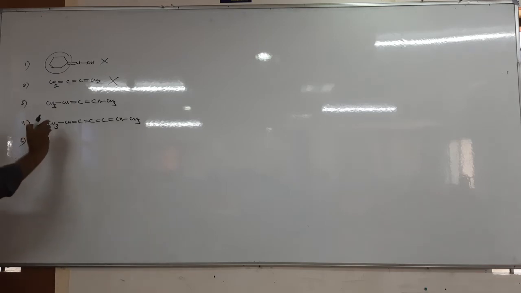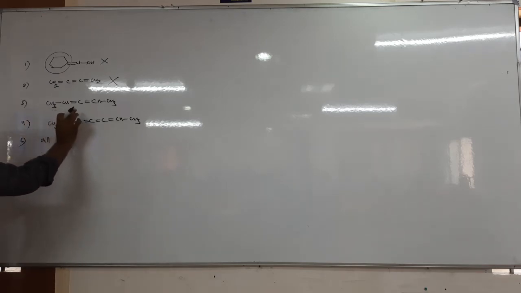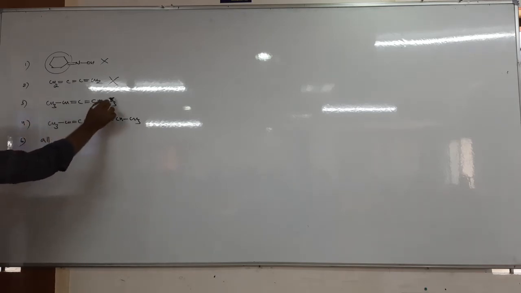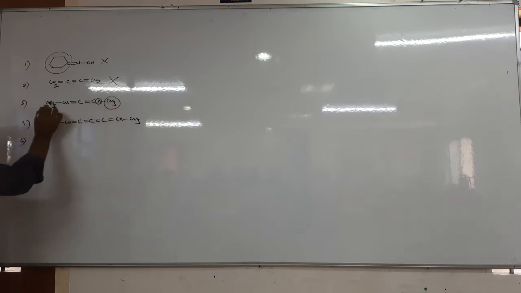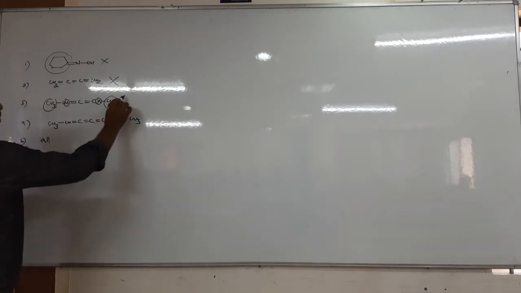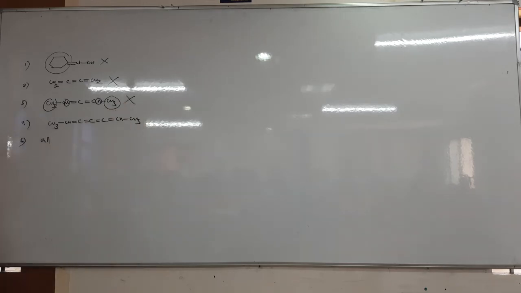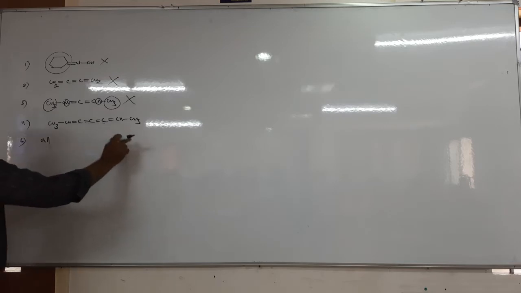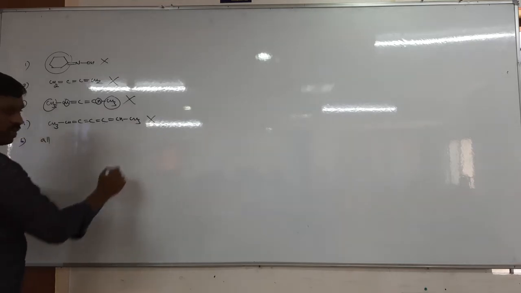Next, what about this? Terminal carbon atoms are attached to different groups, methyl, hydrogen, all right, but there are two double bonds. A cumulene with two double bonds does not exhibit, that is, an even number of double bonds does not exhibit. And here 1, 2, 3, 4, it is also an even number of double bonds, so it does not exhibit.